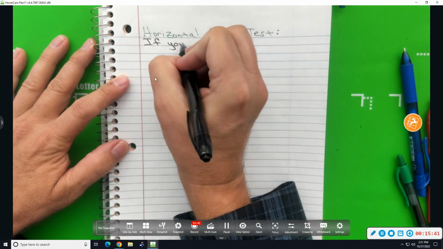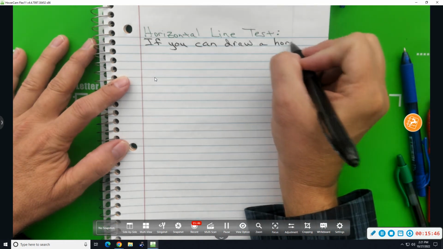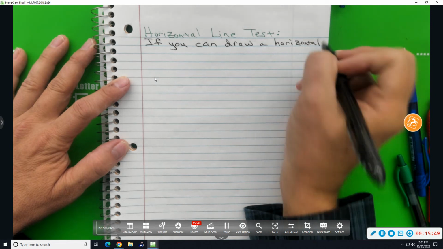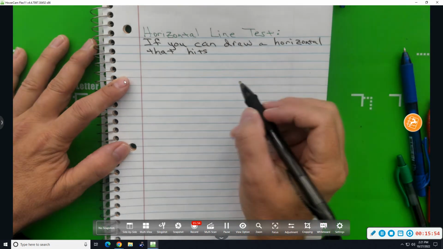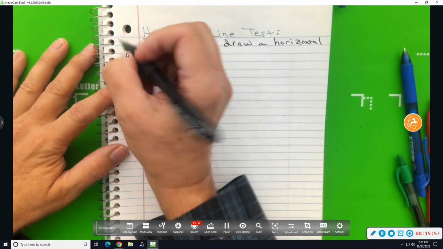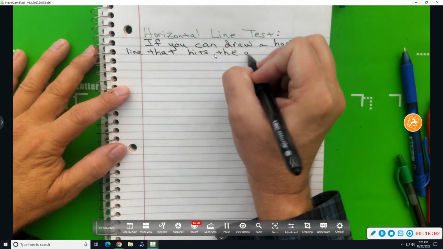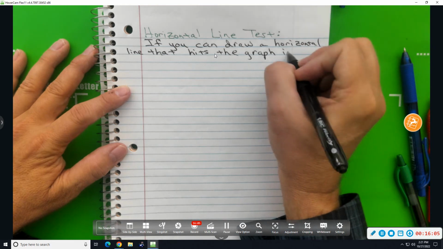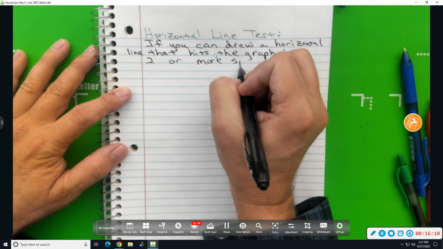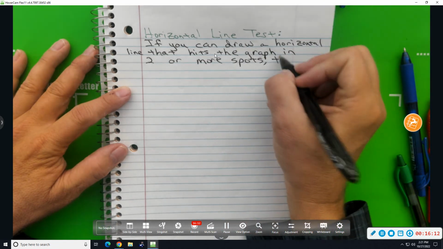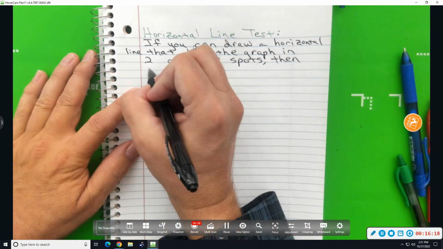If you can draw a horizontal line that hits the graph in two or more spots, then the graph is not 1-to-1.